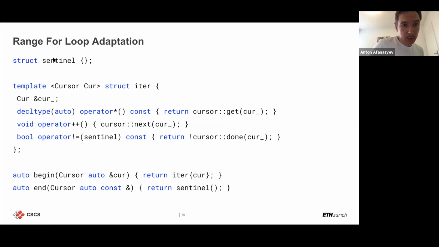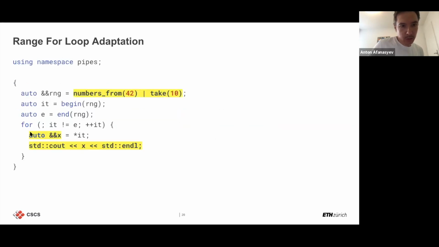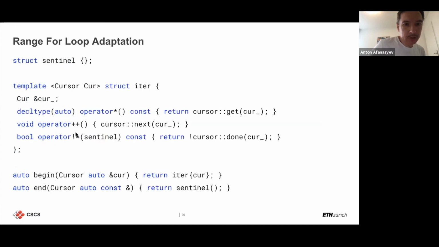For the end, we do the same, we return something that is a sentinel. It's just an empty struct in our case. Now the iterator that begin produces should have a not equal method for the sentinel, plus plus, and the dereference.